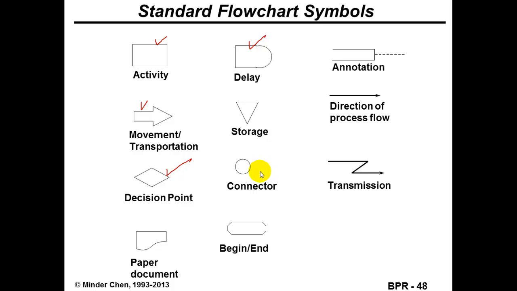This is a connector, usually connecting a diagram on one page to another page. Beginning and end of a process can be represented by this symbol. Sometimes we do show the documents or forms used in a workflow with this symbol. The arrow represents the direction of the process flow.